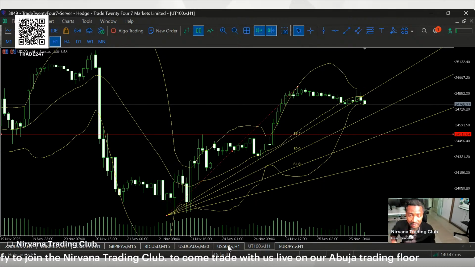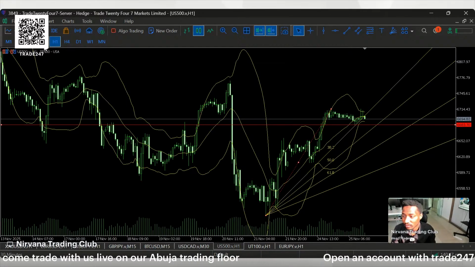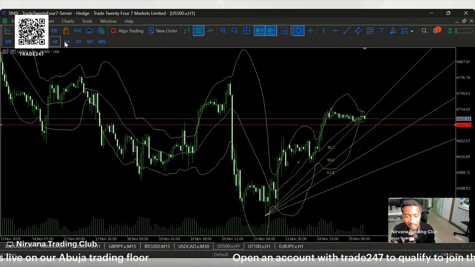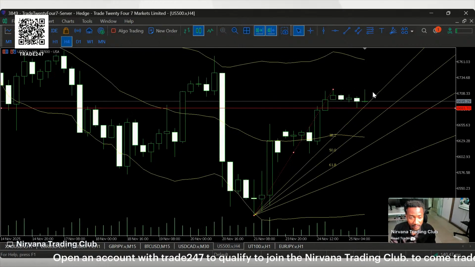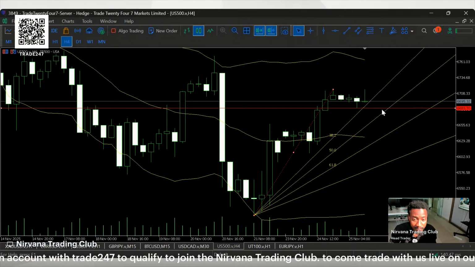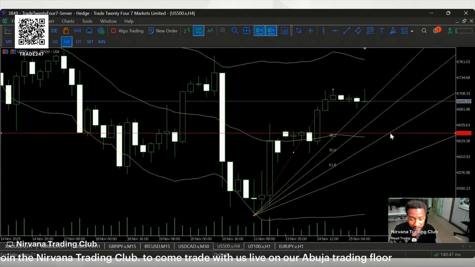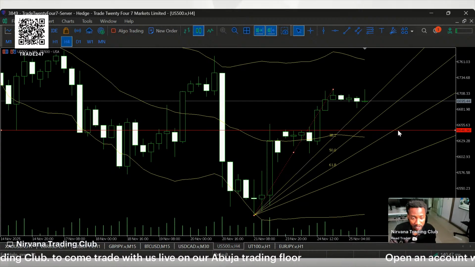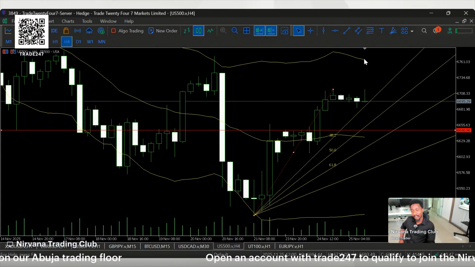Let's go to S&P 500 to see where we can jump in here. It could get here and it might not. So let's observe and then take profit probably to the upside here.